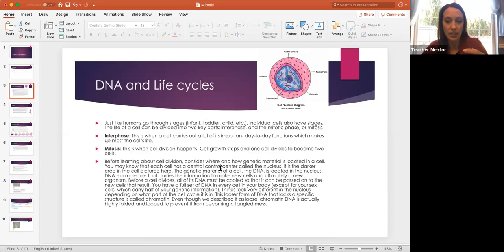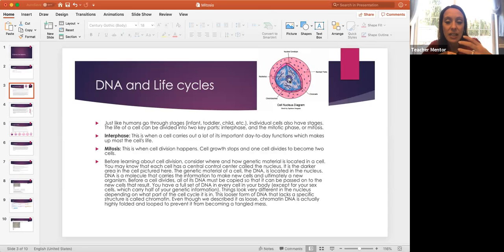So we know inside the cells is the genetic makeup that gets passed down. Okay, and a cell has a command center, just like you think about your brain in your body. Your brain is like the command center. Well, inside each one of your cells, you can see here in this picture, we've got a nucleus, and that nucleus is the command center here, and the DNA is found inside there.